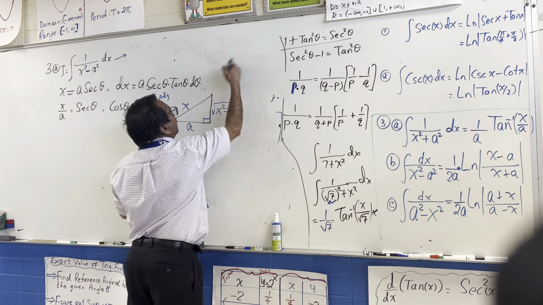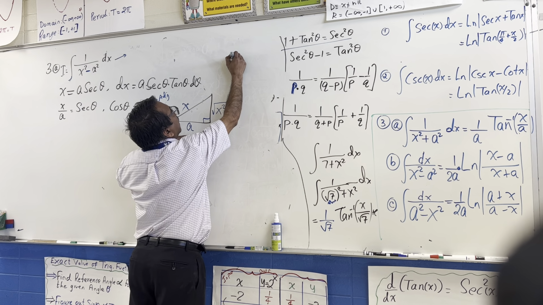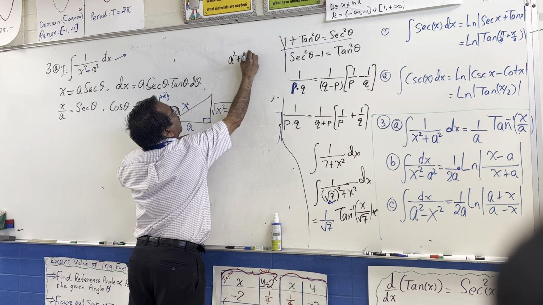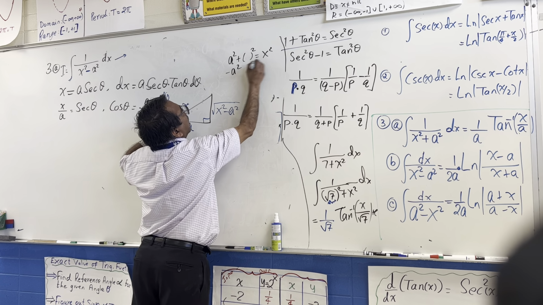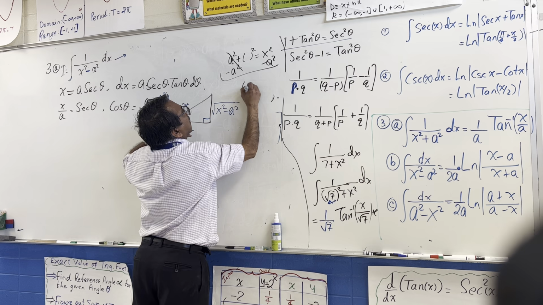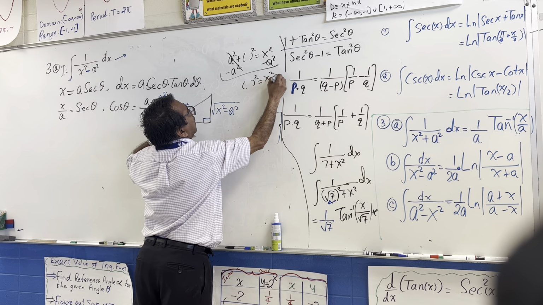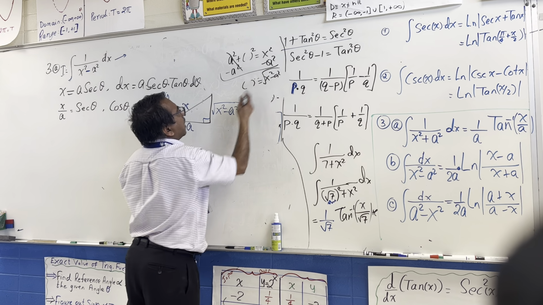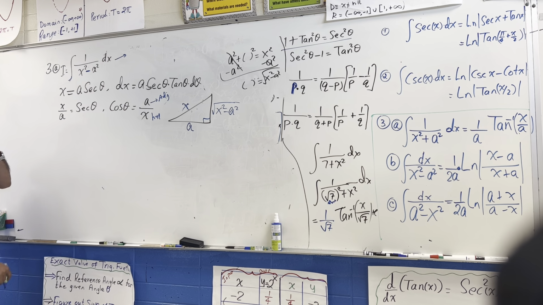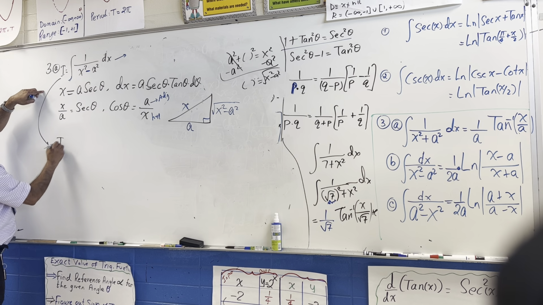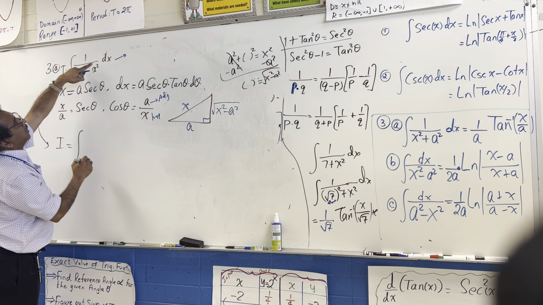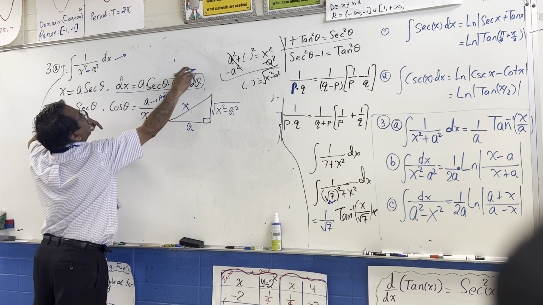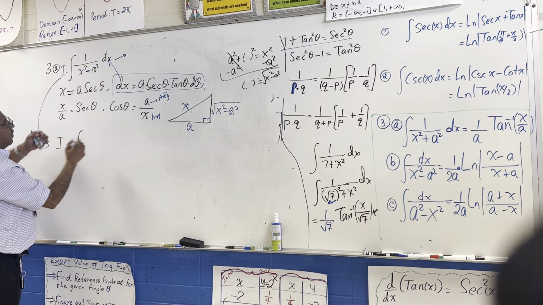Of course, if you don't know what that is, you write a squared plus whatever that is equals x squared, right? And you subtract a squared. So this goes away and you get x squared minus a squared. Okay, now from here, the integral's equivalent form will be dx, so this x is replaced right here.